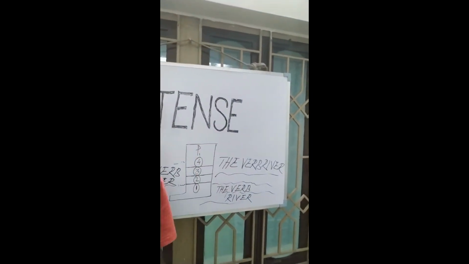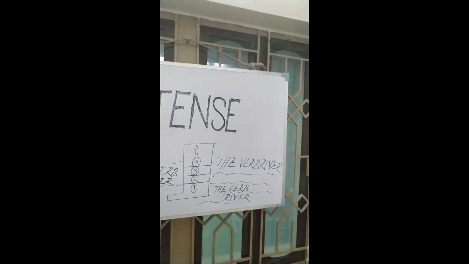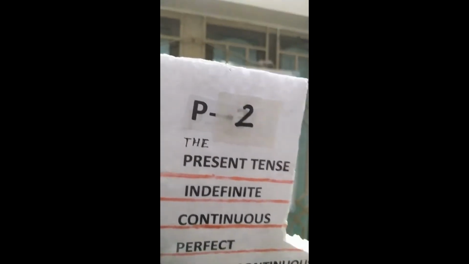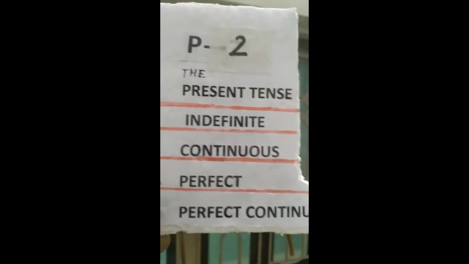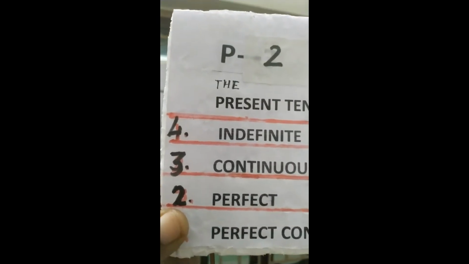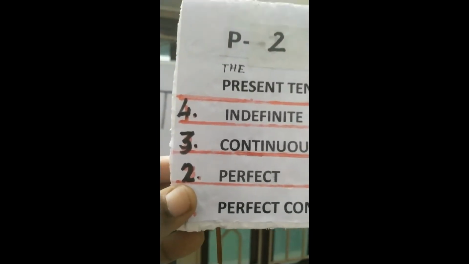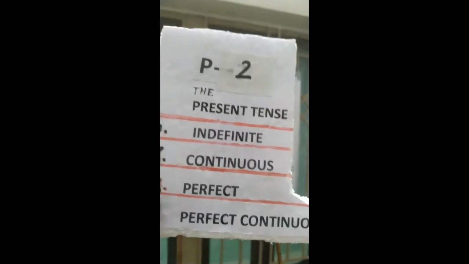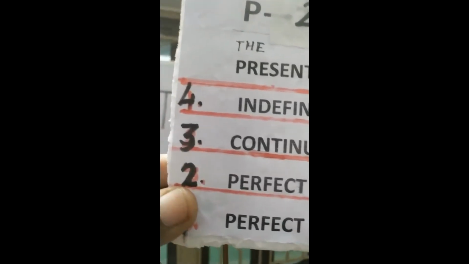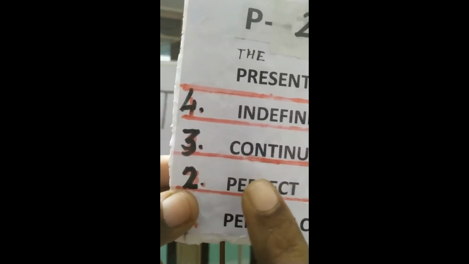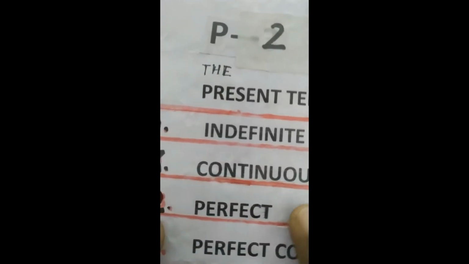See the pillars. Okay, I am going to show you the pillars. First of all, you see the present tense pillar. The name of the pillar is the present tense pillar. The pillar consists of 4 parts. The first part is the perfect continuous part. The second part is the perfect part.